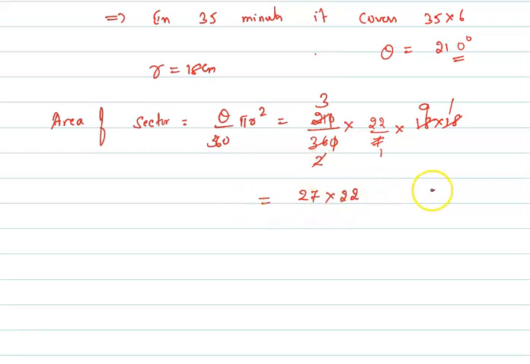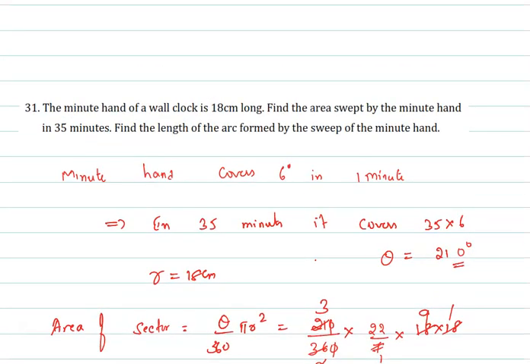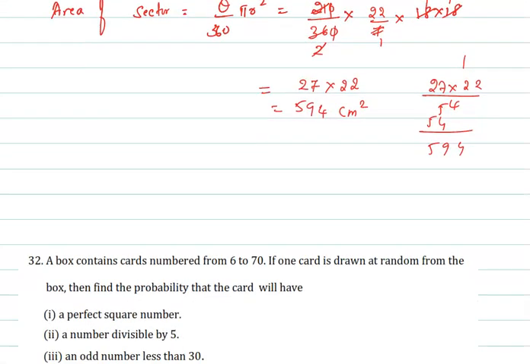If you multiply 27 into 22, 2 7s are 14, 1 carry, 54. Here also 54 comes. So that is equal to 594 centimeter square, the area swept by the minute hand in 35 minutes.